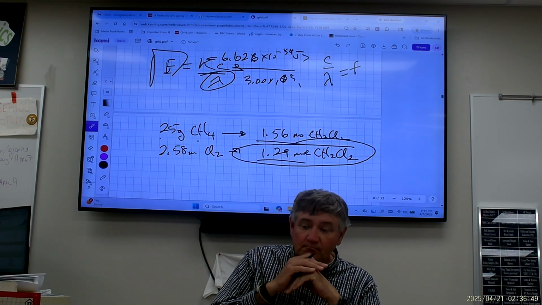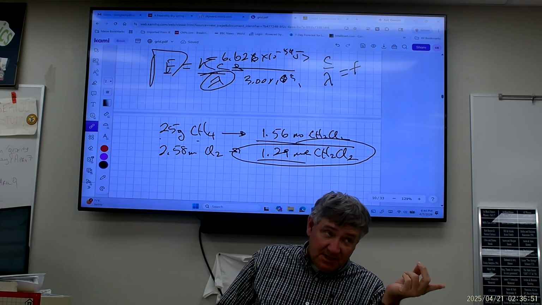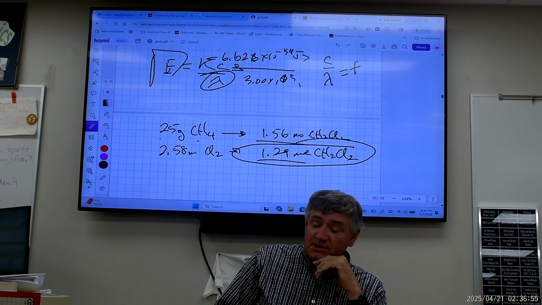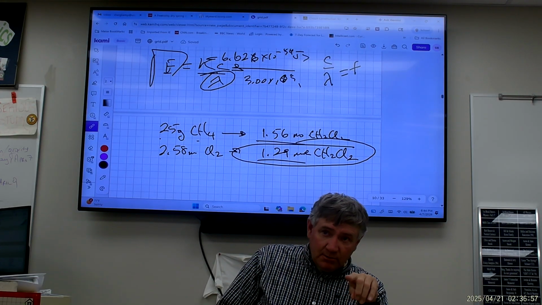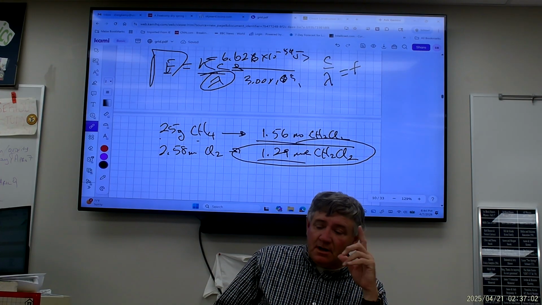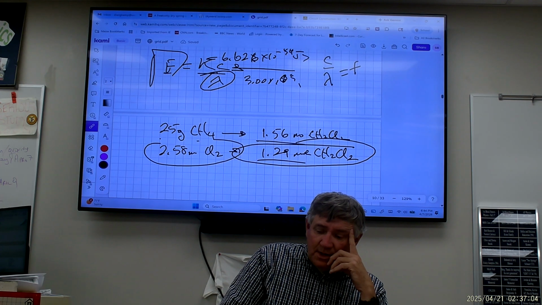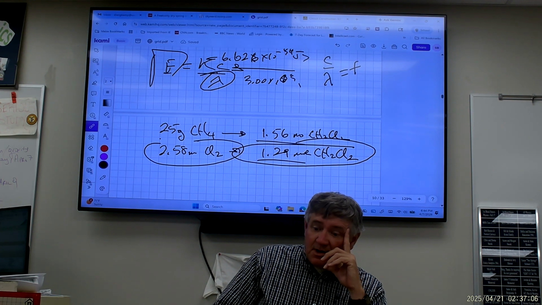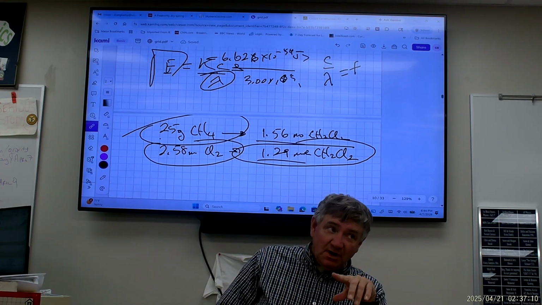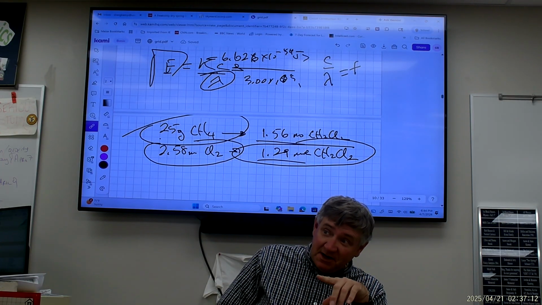Now, what they could have done, which they didn't, they'd have been a jerk if they had, but I've seen it done. They could have said, what's the total number of moles left over in the container? So all the chlorine would have gotten consumed, but you would have some CH4 left over because not all of that got used up.